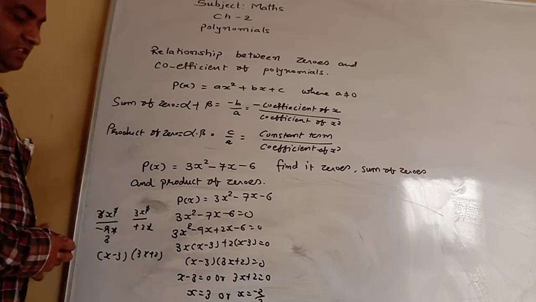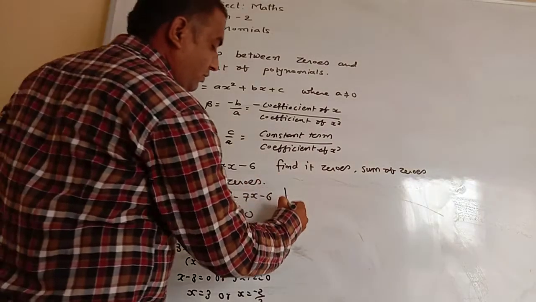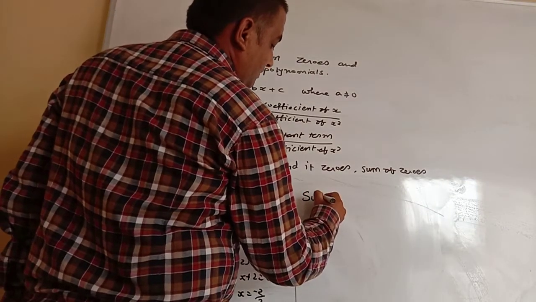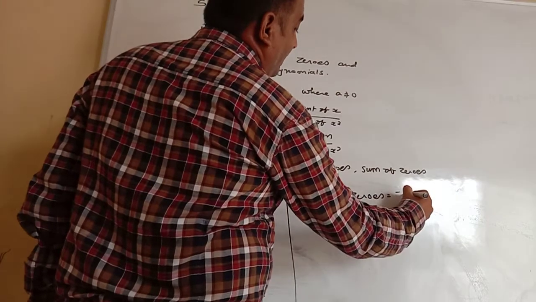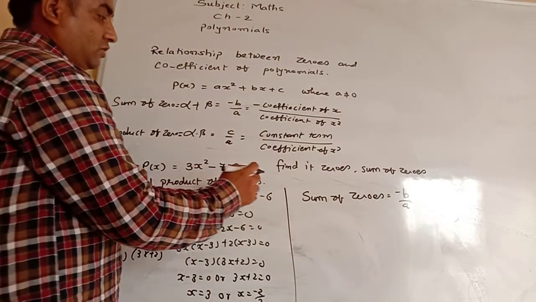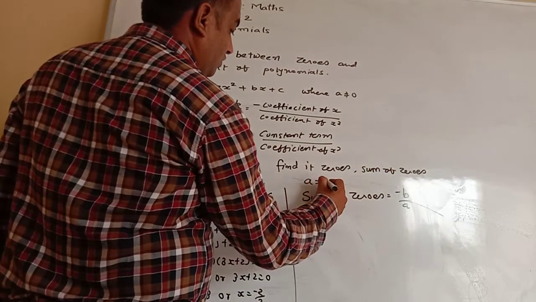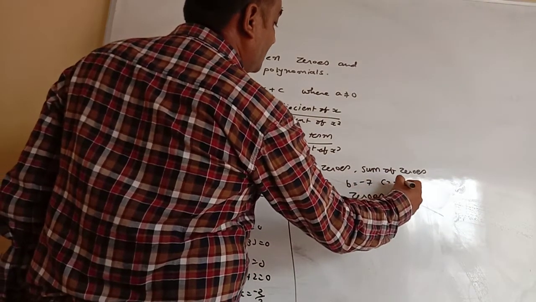Now here it is not mentioned to verify it, so we can directly find the sum of zeros with the formula, which we know is minus b upon a. So we write a equals 3, b equals minus 7, c equals minus 6.